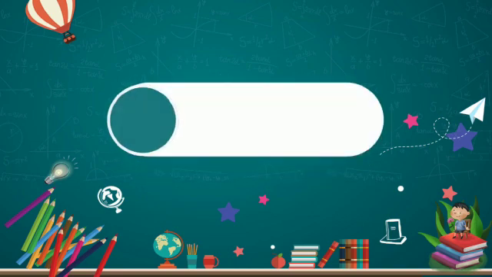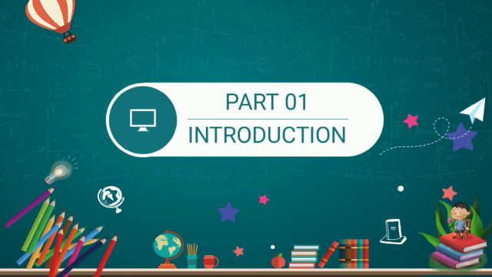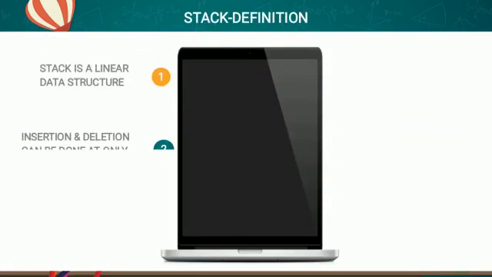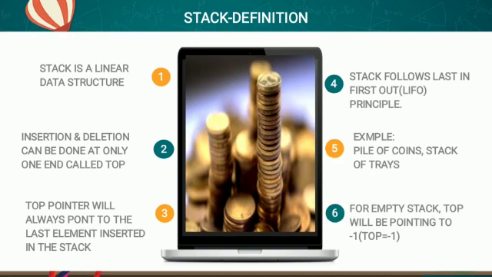Stack is one of the most useful concepts in computer science, which is used for storing information. Now let's see the definition of stack. Already we know stack is a linear data structure which is used for storing information in a LIFO manner.